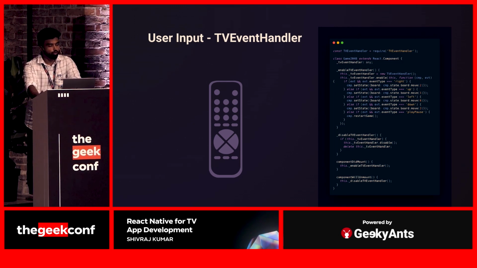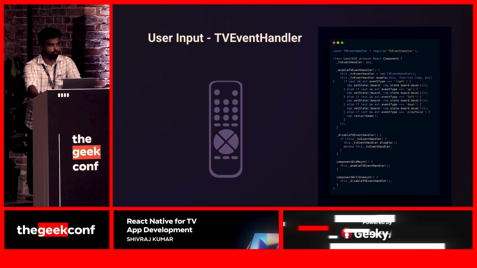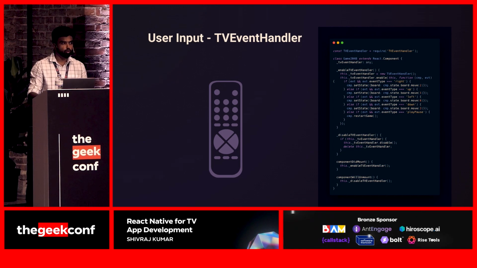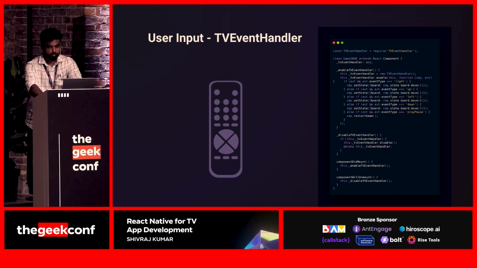And when it comes to web, we can just move our mouse cursor and click on it as we visually see those components. But when it comes to TV, we have to click on the remote controls. We are not sure in which direction it is moving, because visually we can't understand where it is going, right? So that has to be handled.